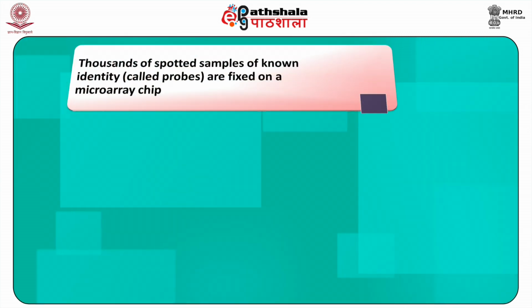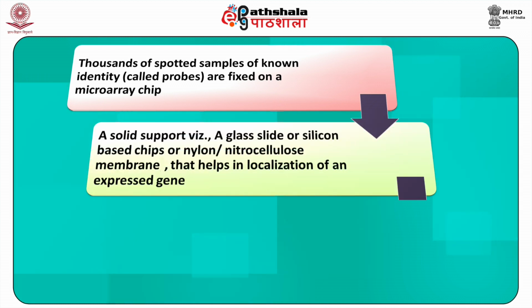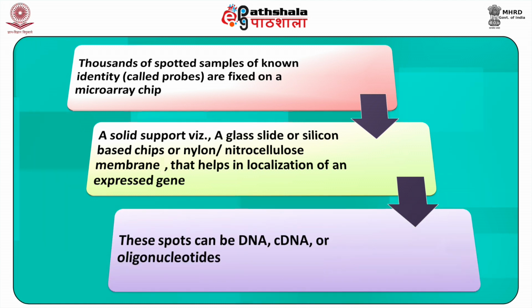Thousands of spotted samples of known identity called probes are fixed on a microarray chip, which is a solid support, for example, a glass slide or a silicon based chip or nylon or nitrocellulose membrane that helps in localization of an expressed gene. These spots can be DNA, cDNA or oligonucleotides.